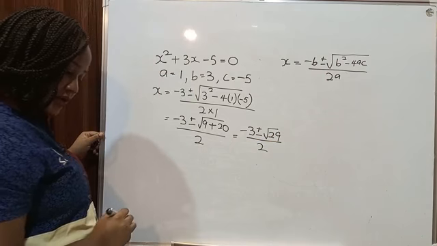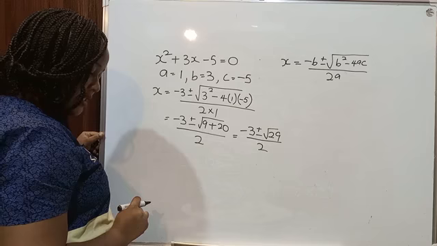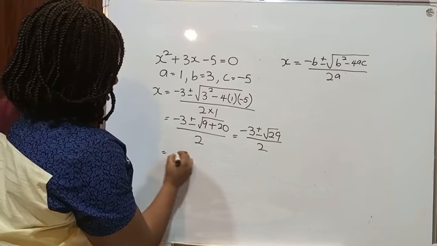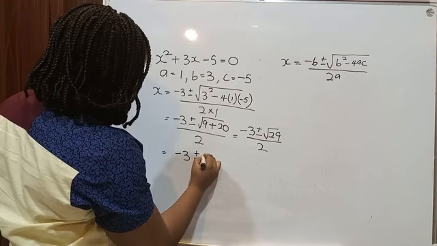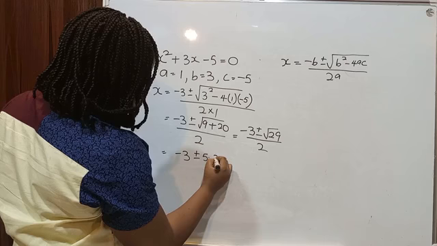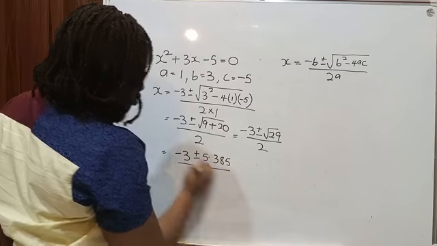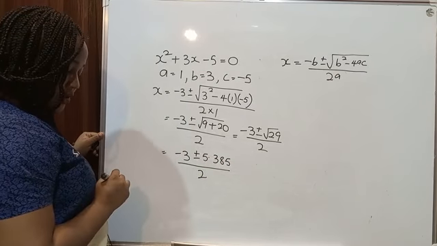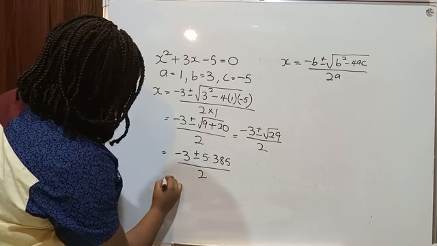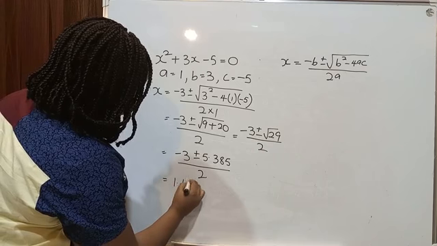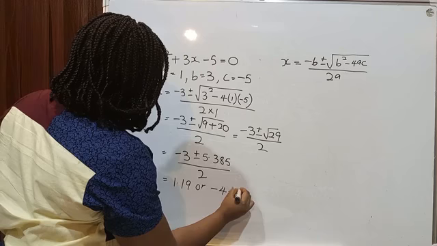We have our square root of 29 to be 5.385. So you have minus 3 plus or minus 5.385 all over 2. And when you solve this using your calculator, you're expected to have 1.19 or minus 4.19.